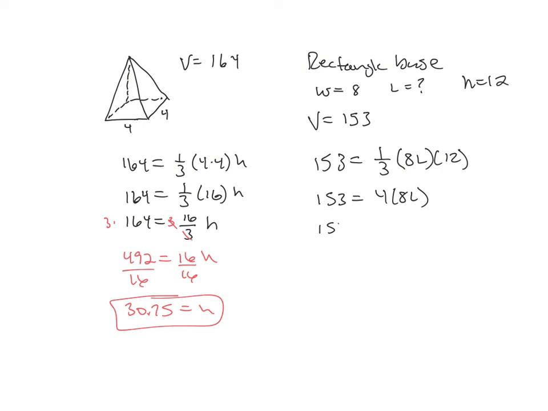Because everything here is being multiplied, you could put 32L and then divide by 32. And let's see what we get there. 153 divided by 32, and we get a big old long number. It's because I just made up stuff. So it's 4.78125. So I would say you could round all that off to like 4.8.